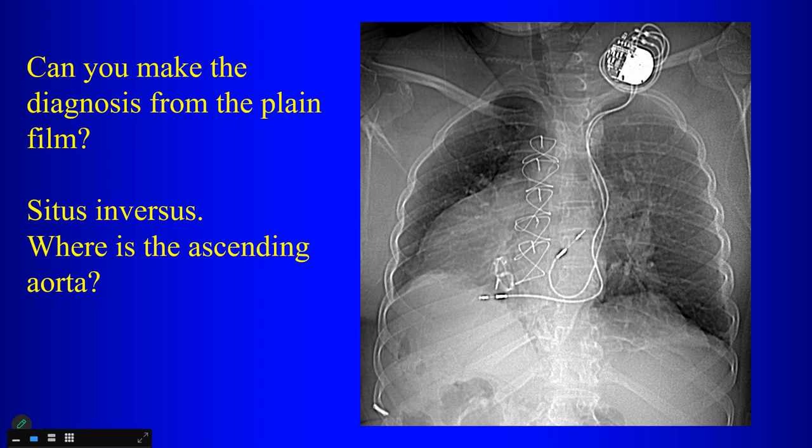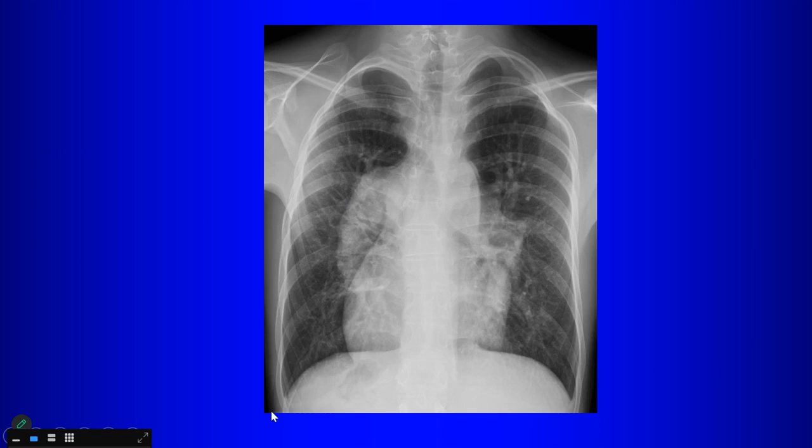And discordant cardiac loops, we said, give rise to congenitally corrected transposition, right? So you might be able to take a guess at that from the plain film that this patient's going to have congenitally corrected transposition.